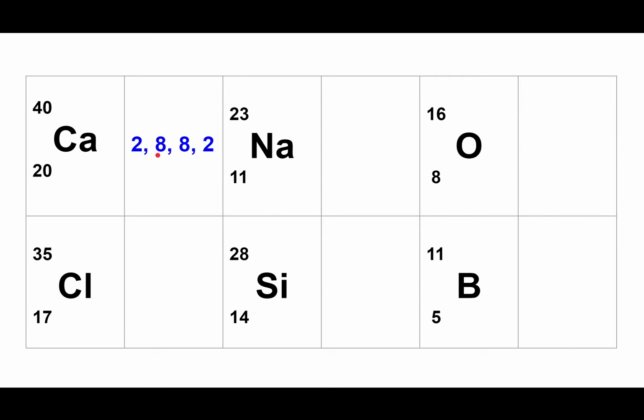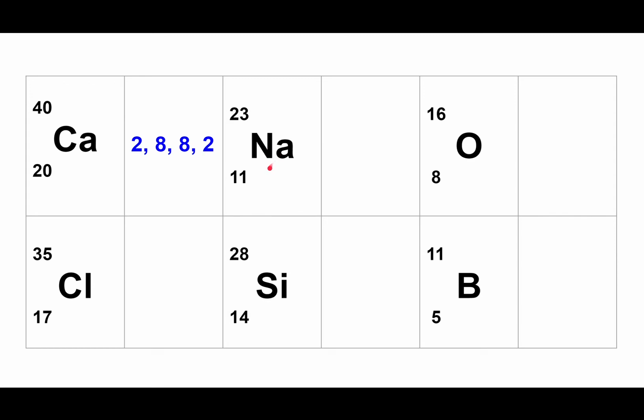Then the second shell can hold 8, but that only gives me a total of 10. So I need 10 more, but the third shell can only hold 8. That means we have to go all the way to the 4th energy level. So that's why it's going to be broken up into 2, 8, 8, 2: first, second, third, and then the 4th energy level or electron shell.